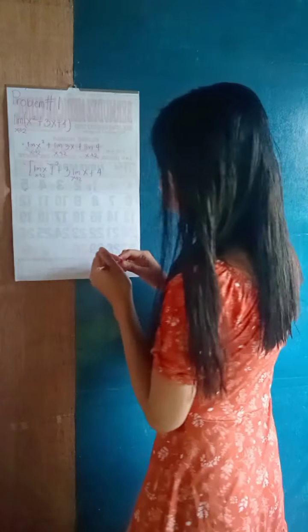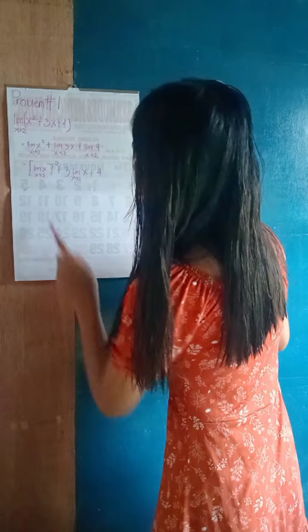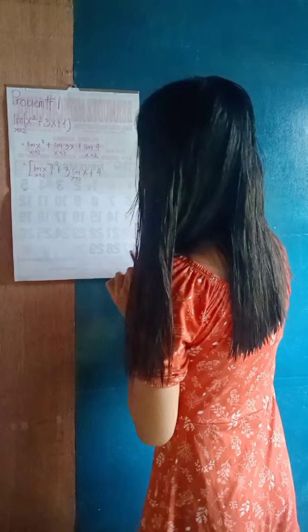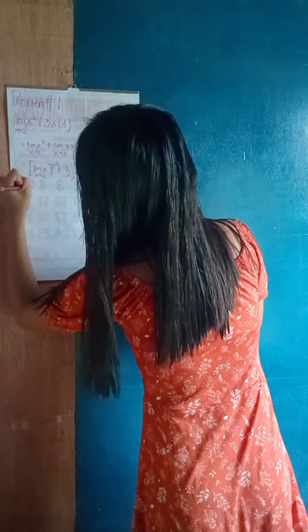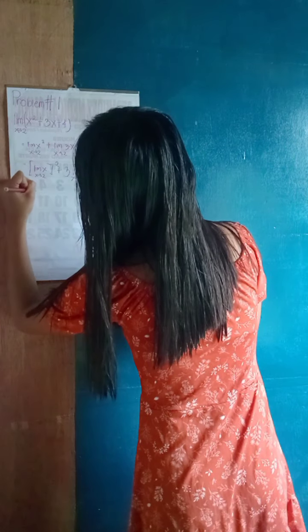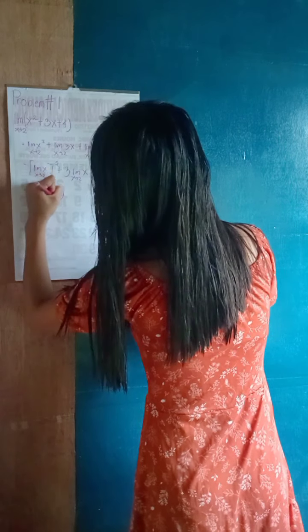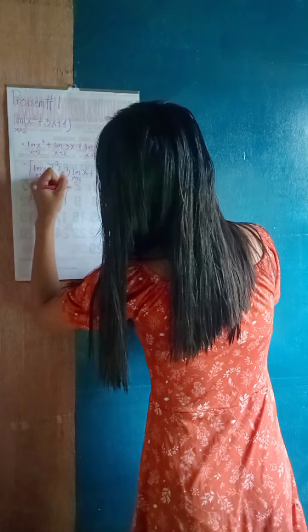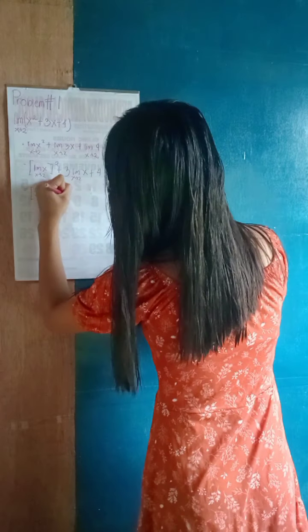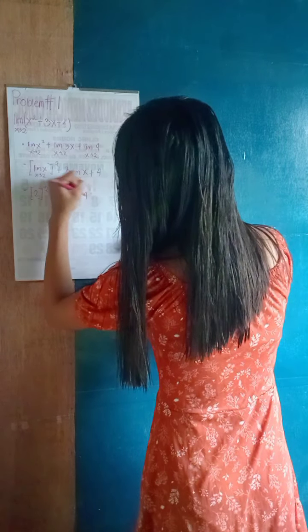Then, substitute the value of a to limit x, and that is limit number 2. So this will become 2 to the power of 2 plus 3 times 2 plus 4.